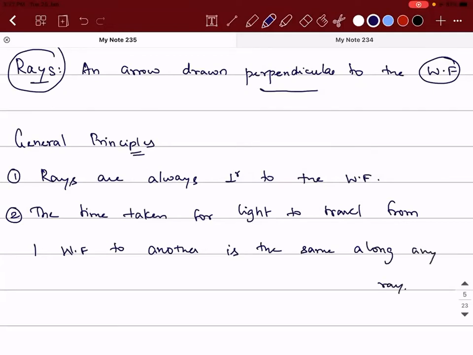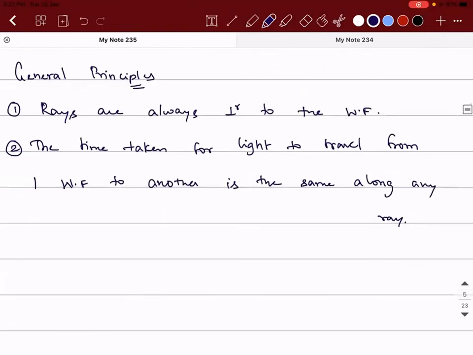So try to understand. Suppose I have two spherical wavefronts, produced due to a point source. Sometimes they'll give you the wavefront and ask you what the source is. Sometimes they'll give you the source and ask you what the wavefront is.